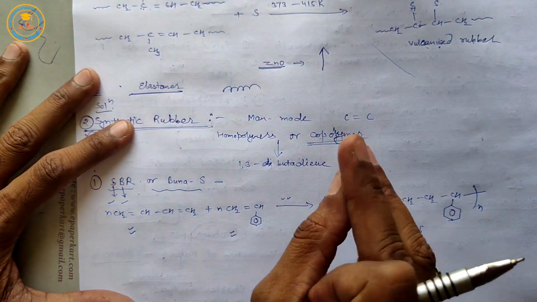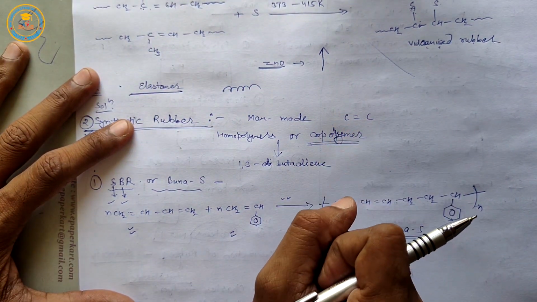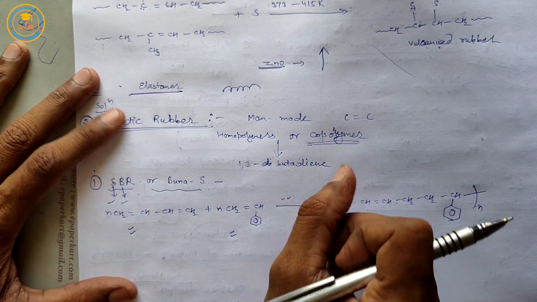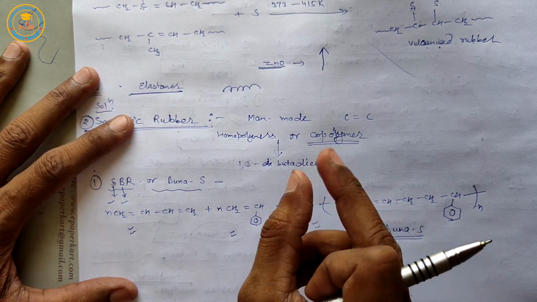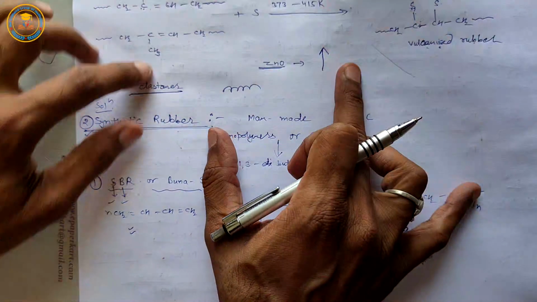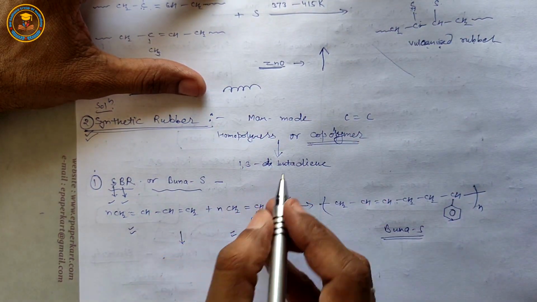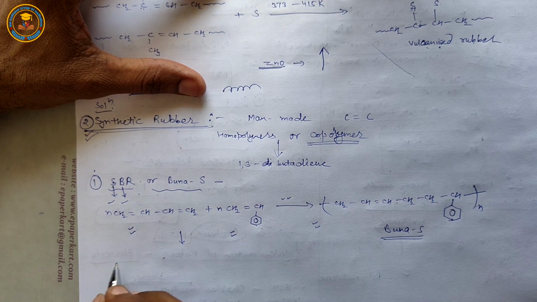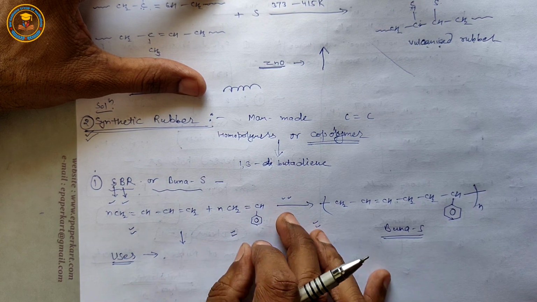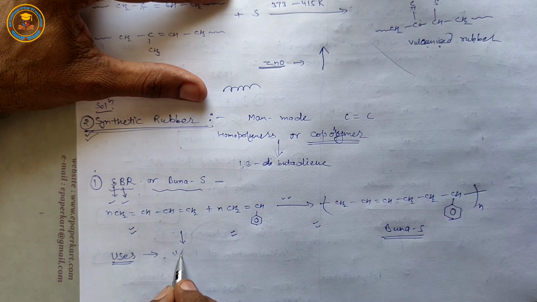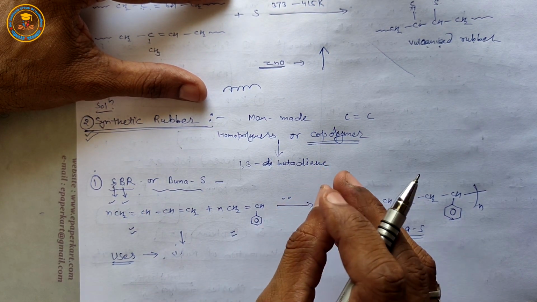It has slightly less tensile strength than natural rubber. Very important. Next point, usage of Buna-S. First is in the tire industry.